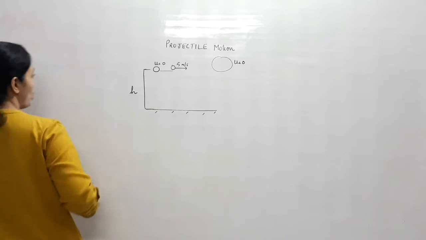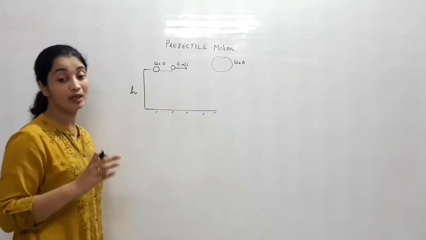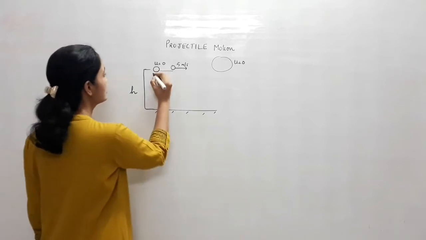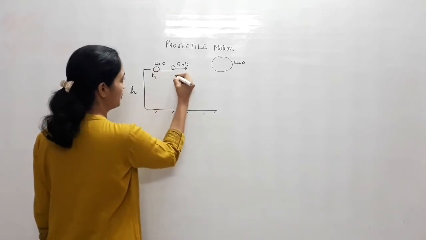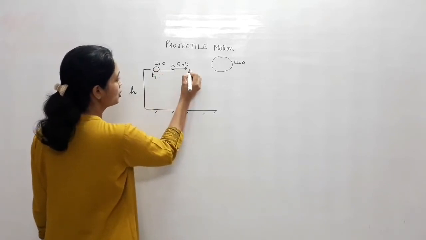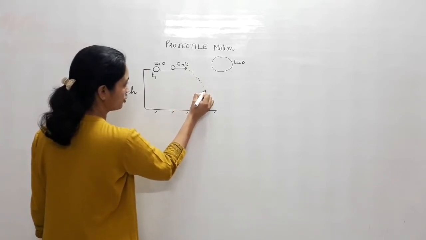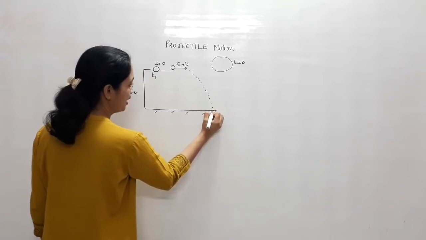Now this important conclusion which will help us is what Galileo has given. Let us say the first takes t1 time to come down. The second has been given some initial velocity of 5 meters per second, so you expect it to take a path like this and come down to the ground.